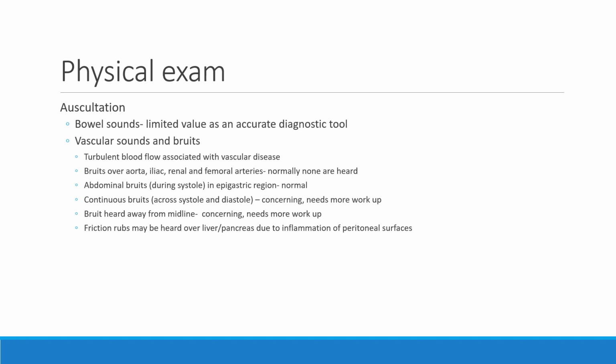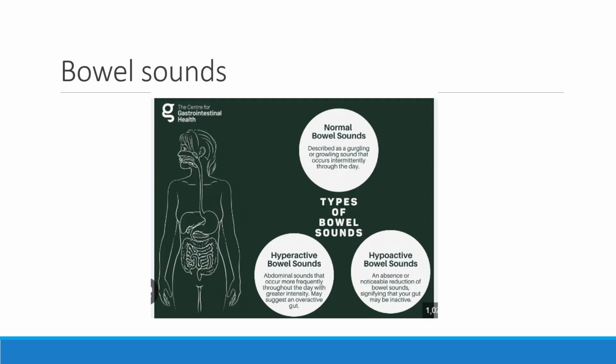Abdominal bruits during systole in the epigastric region are normal, but continuous bruits across systole and diastole are concerning and do require additional workup. Bruits heard away from the midline are concerning and also need more workup. Friction rubs may be heard over the liver or pancreas due to inflammation of peritoneal surfaces. And bowel sounds are usually categorized as normal, hypoactive, or hyperactive.